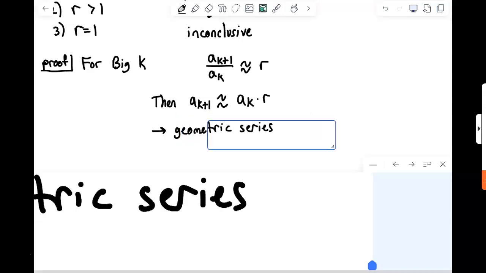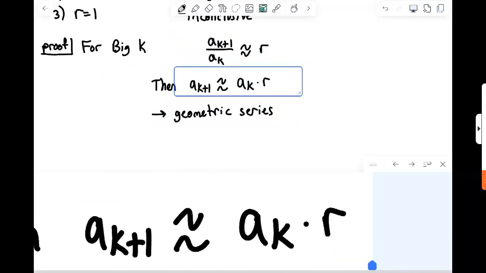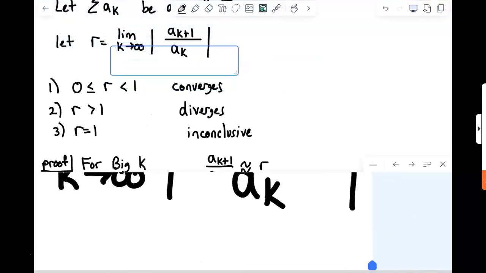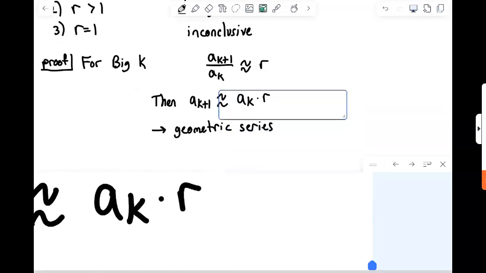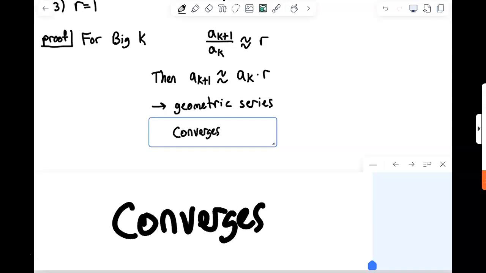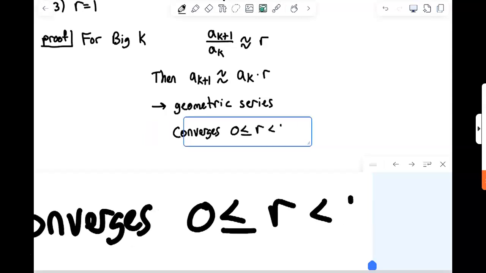And so, being roughly a geometric series for big k, based on this ratio test, things are roughly a geometric series with ratio r. Well, something with ratio r converges if r is between 0 and 1. Of course, with ratio 0, obviously everything just drops off.